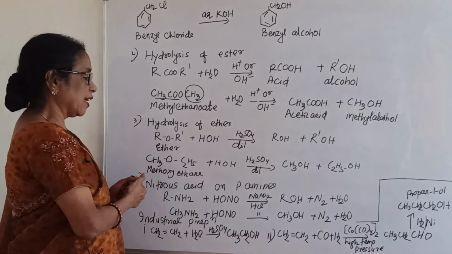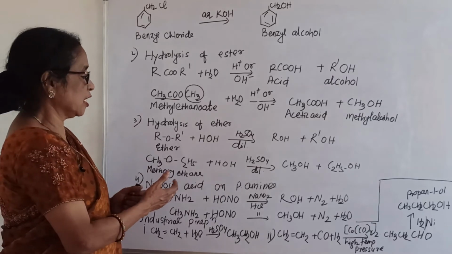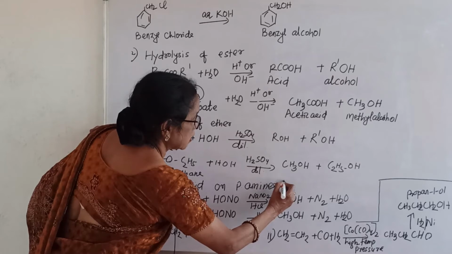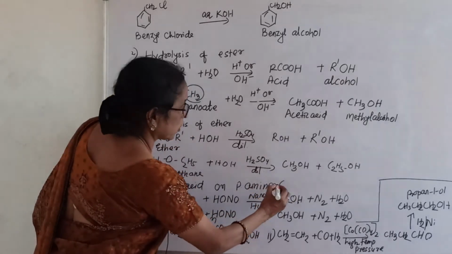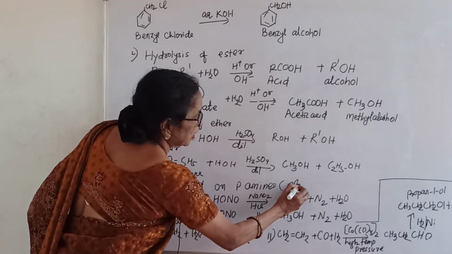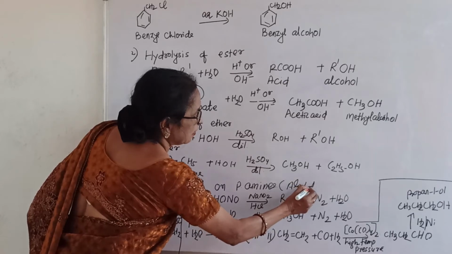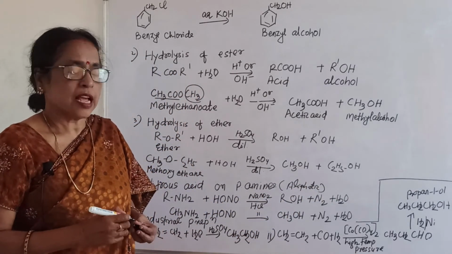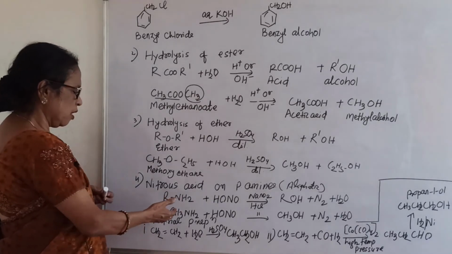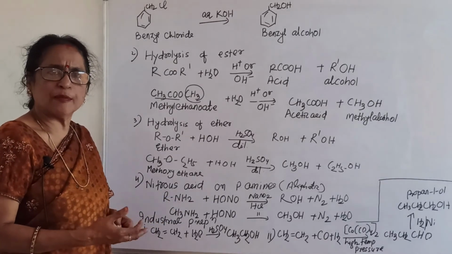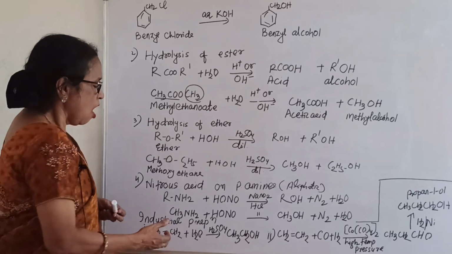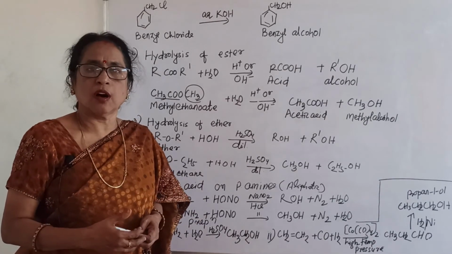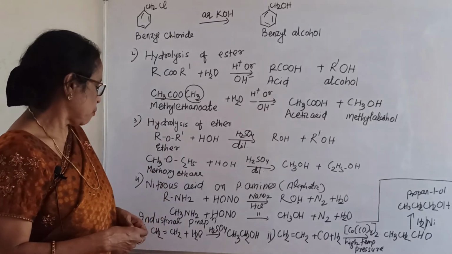Especially aliphatic amine gives this type of product, here you should write aliphatic. Aliphatic amine gives alcohol, nitrogen and water. Example, methylamine, or you can say methanamine. On treating with nitrous acid, it gives methyl alcohol, nitrogen and water.